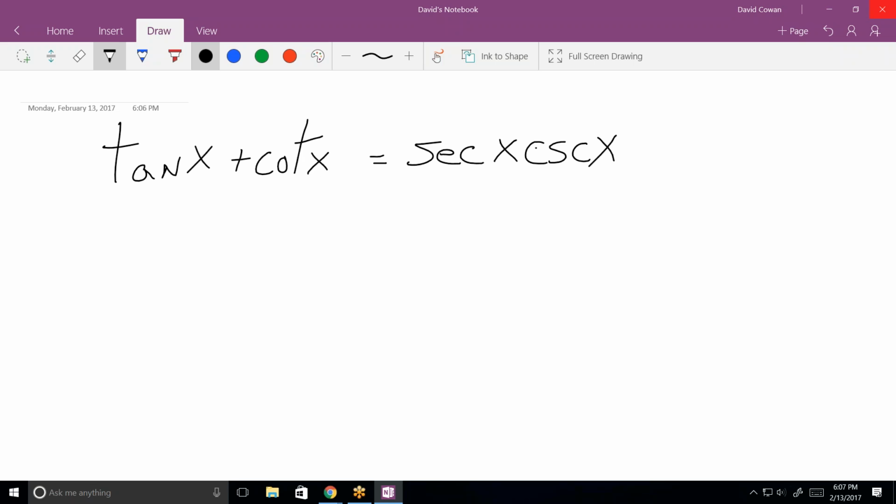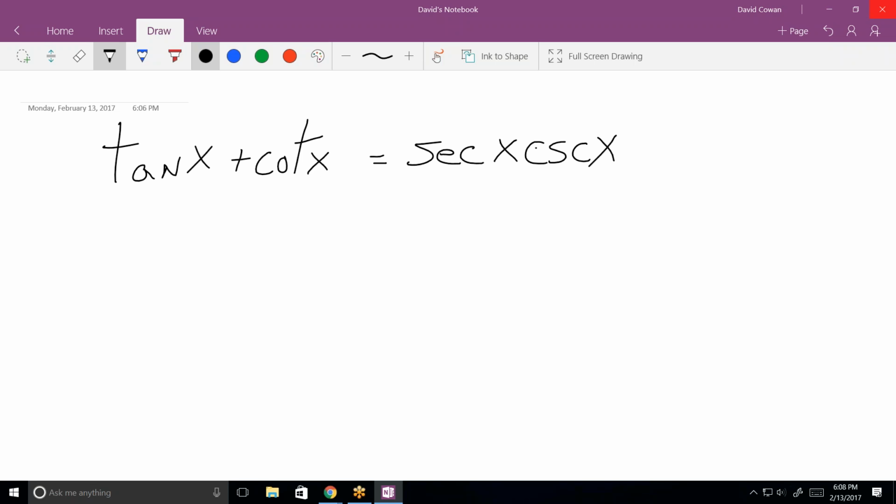You can't divide both sides by tan of x. You select the more complicated side and try to turn it into the right side. You're allowed to manipulate both sides, but you're not allowed to move stuff from one side of the equation to the other. That's the big restriction.